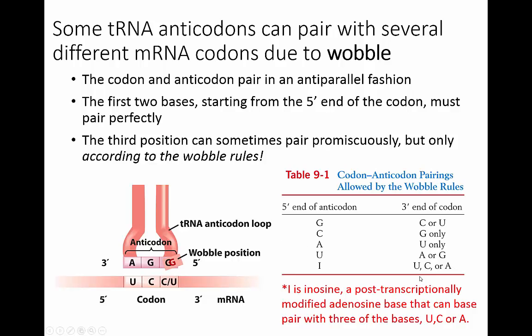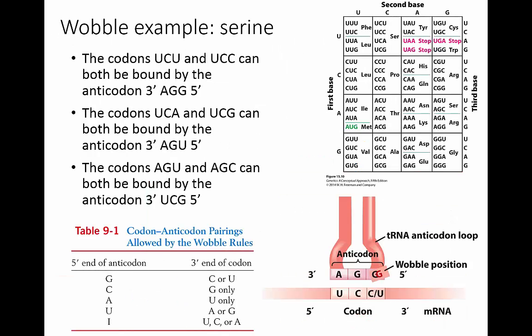So inosine could either pair with U, C, or A. And the formation of a tRNA that has an inosine in that third position, just want to mention, would be a very highly regulated process. So certain tRNAs might always get converted into inosine by an enzyme, whereas other tRNAs would never get converted into inosine. The last thing I'd like to do is just go through an example of how Wobble can be used.